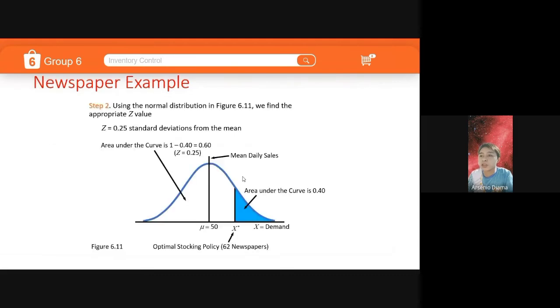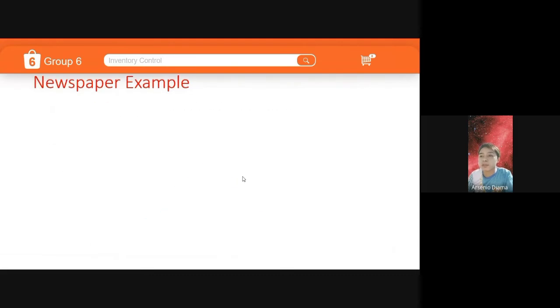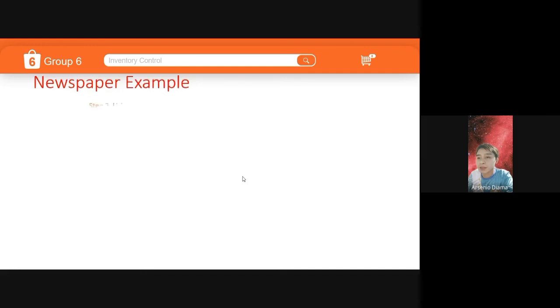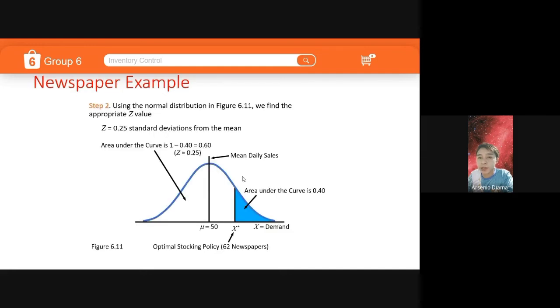Joe should stock the Tribune as long as the probability of selling the last unit is at least marginal loss divided by the sum of marginal loss and marginal profit. Substitute it, and the result is 0.40. So let P is equal to 0.40.